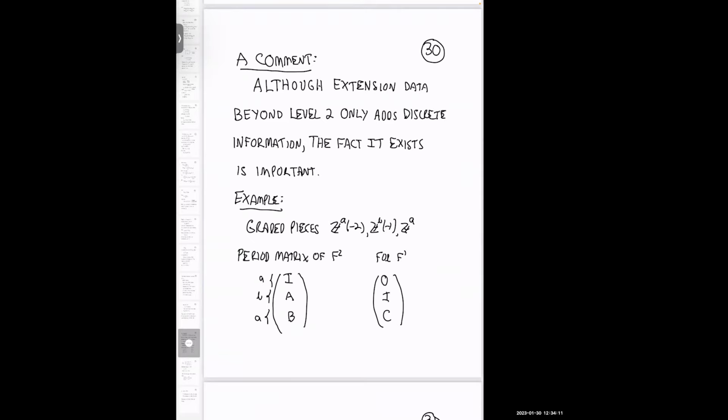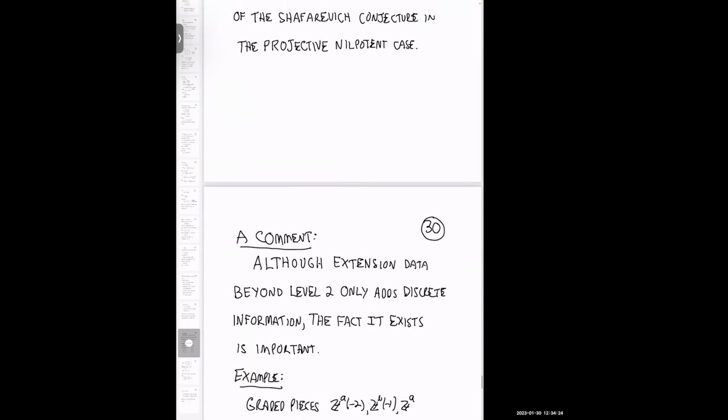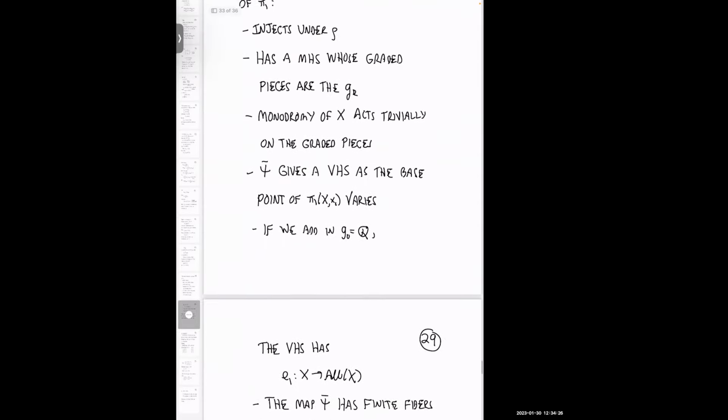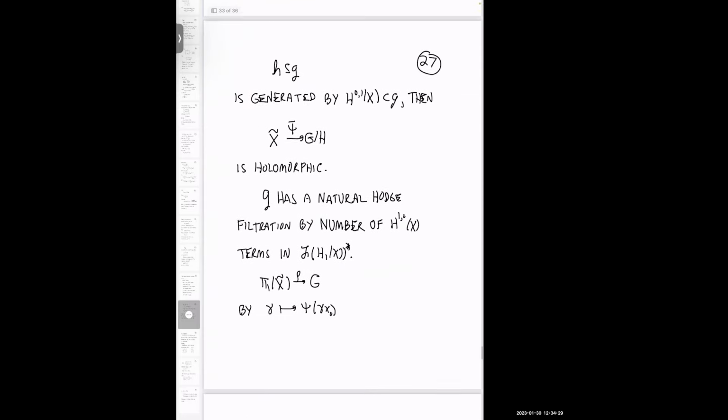So, forgetting a little bit what we did, you have to be a lot more careful with the DD bar lemma.